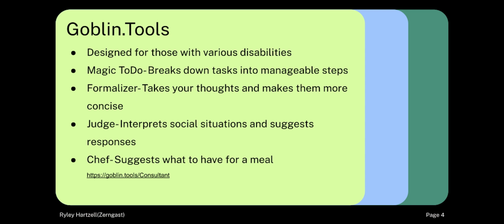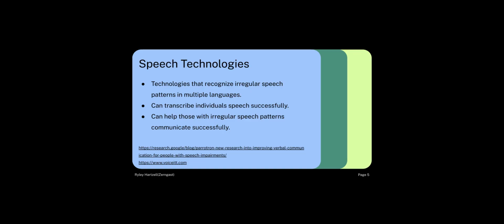The next one that we're going to talk about is speech technologies. This is mainly designed for people with irregular speech patterns, whether it's a lisp or slur, or just people that struggle to communicate verbally. It can actually take that person's speech and transcribe it successfully, which is something that is really hard to do if you do not enunciate.